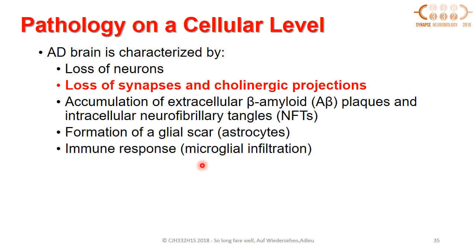So this is outside of the neuron. And then inside of the neuron, we would actually see neurofibrillary tangles. The tau proteins are being hyperphosphorylated. There are too many phosphate groups on them. As neurons start to die, we will start to see astrocytic scars developing within the brain. And as it continues, we'll also see this immune response.